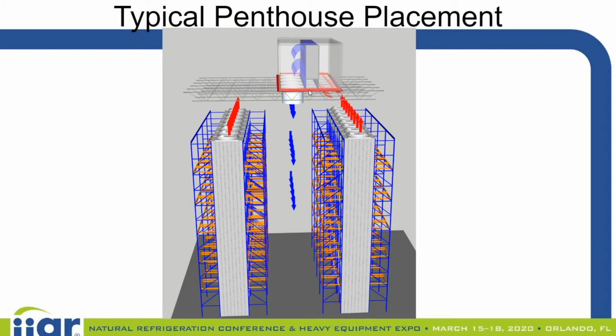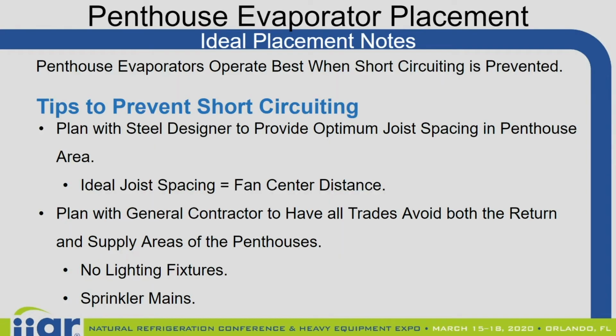We talked about how it's best to get the fans vertical down into the center of the aisle while avoiding the return. But we're also going to want to look at how we can plan with the building designer and with the placement of any trade putting utilities in the room.